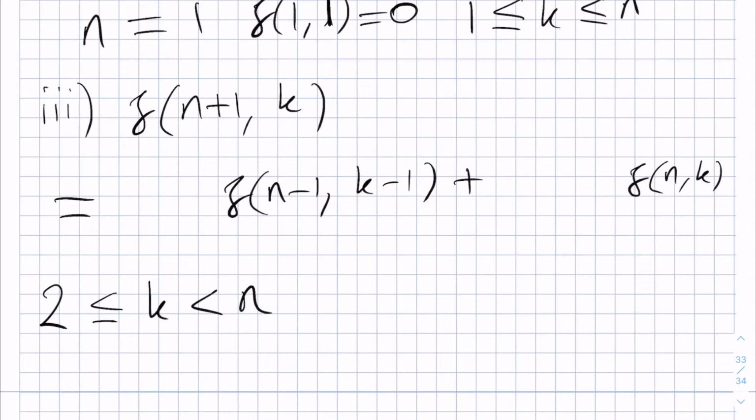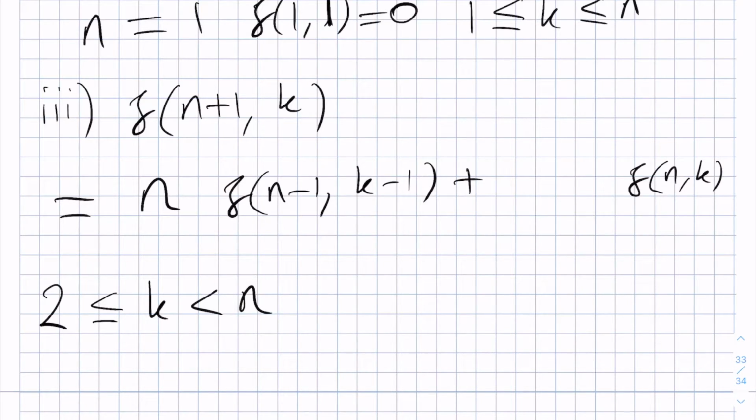How many ways can we do this? Well, we're pairing the n plus 1 with one of the elements between 1 and n. As such, there are n ways to do this, and so we multiply n by this f of n minus 1,k minus 1 corresponding to this first bullet point.